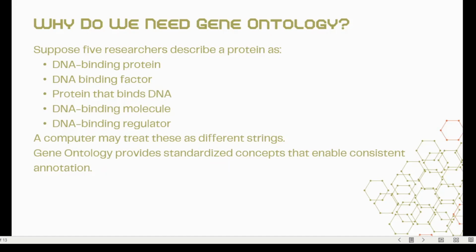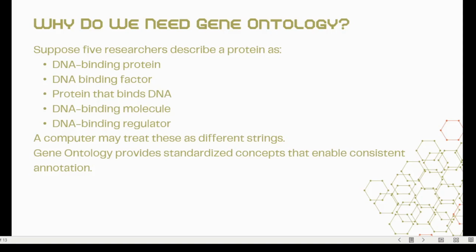It means even if scientist A says DNA binding protein, while mentioning the ontology he will use the same term, the same code, as all the other four scientists will use.